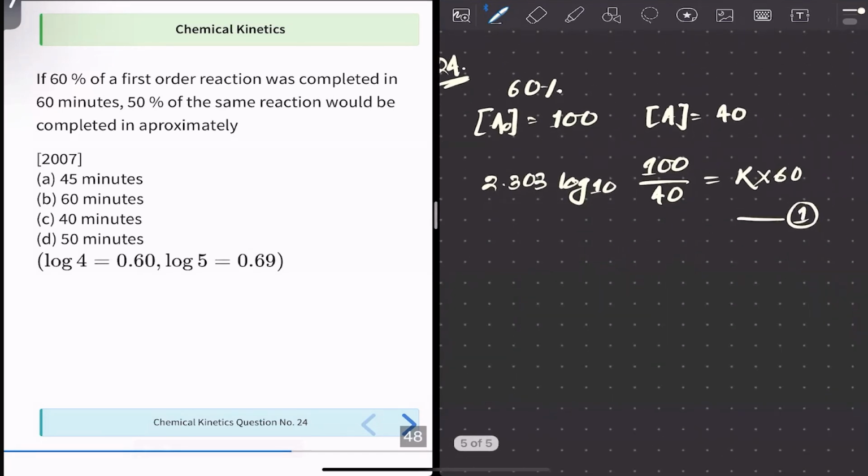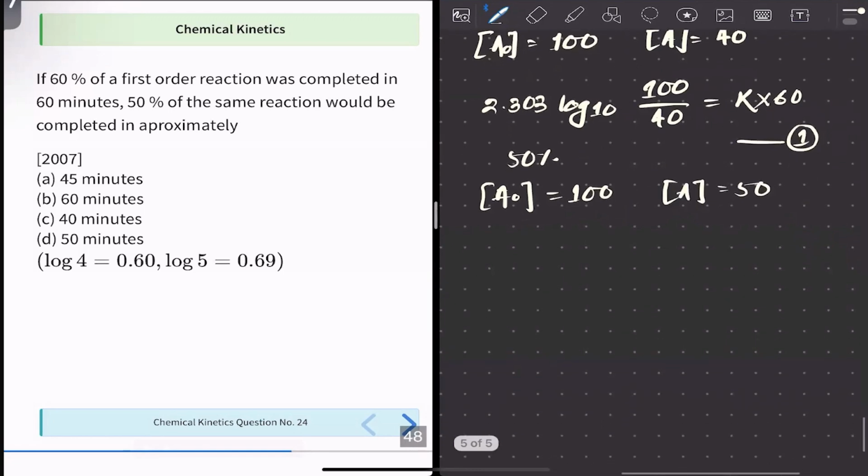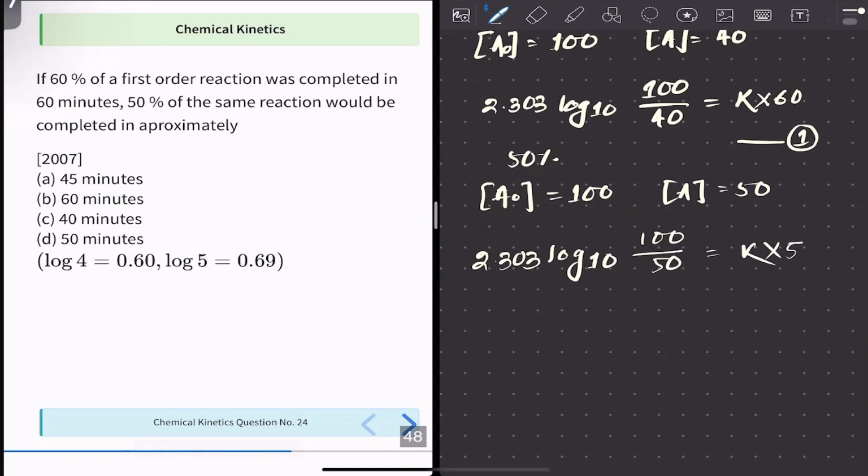For 50% of the same reaction would be completed in approximately. Write down the A naught. So A naught would be 100 here. 50% completed means remaining would be also 50. If we write the equation for it, 2.303 log 10 100 by 50 equal to K into t. Equation 2. Now 2 divided by 1.